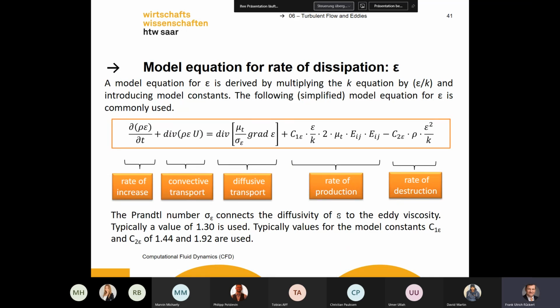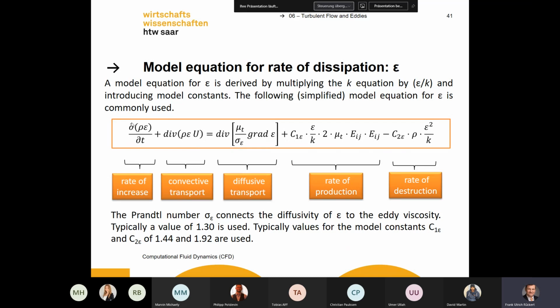And now it's getting more and more complicated. I see you will also have to solve an equation for the dissipation. You have here your dissipation value, and again you have to solve the differential equation for this dissipation.